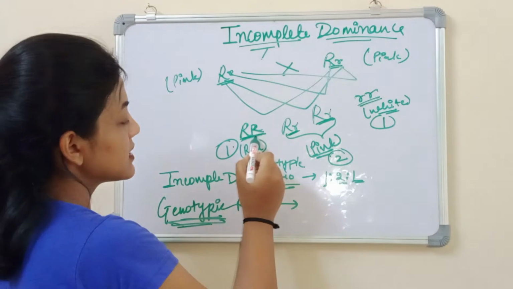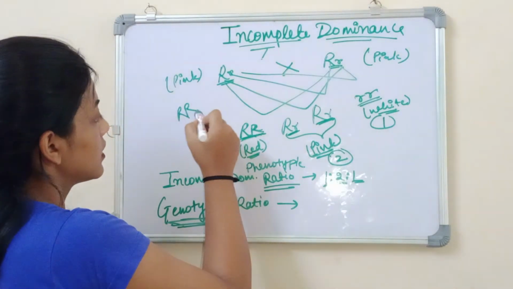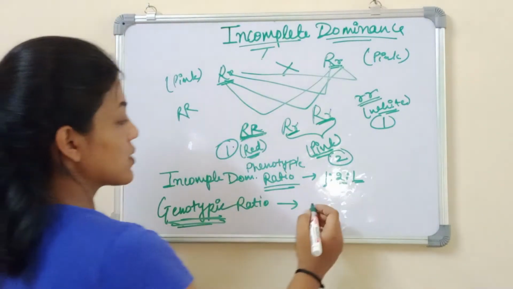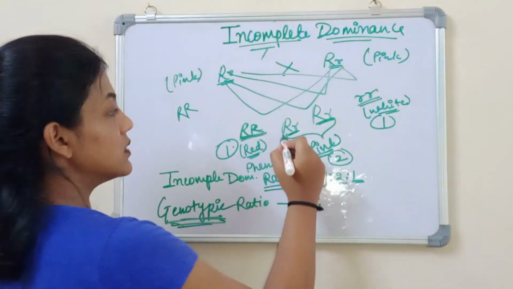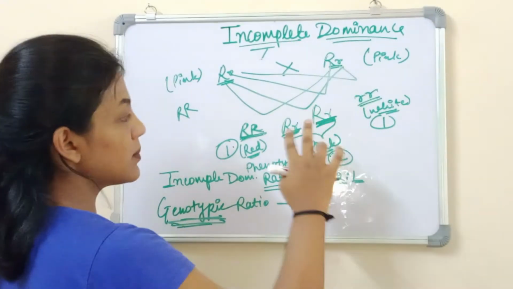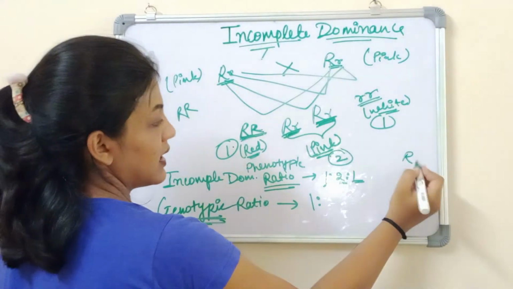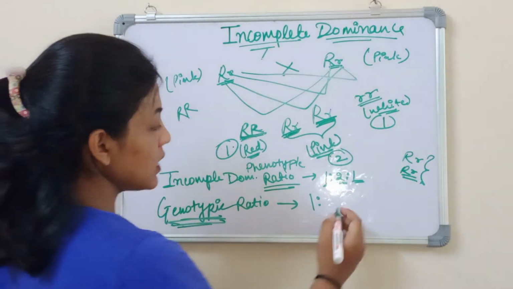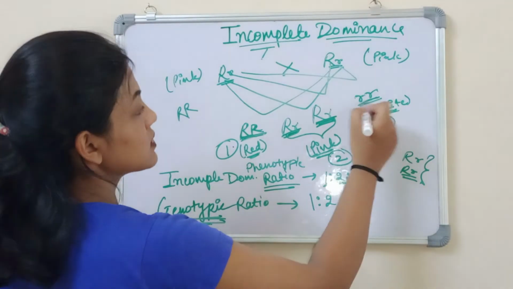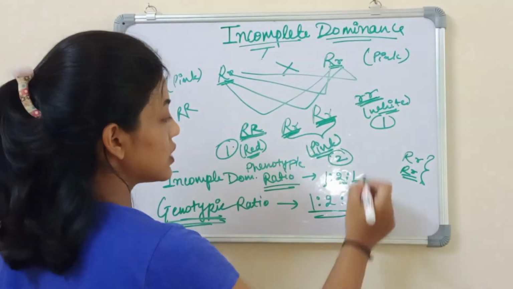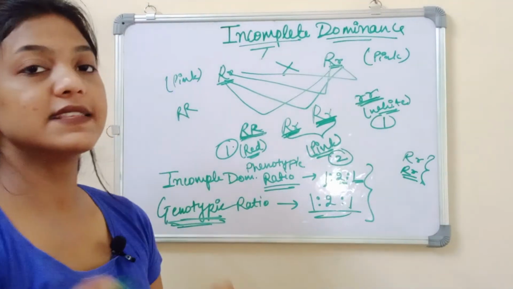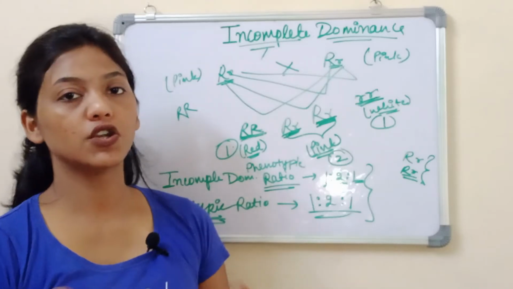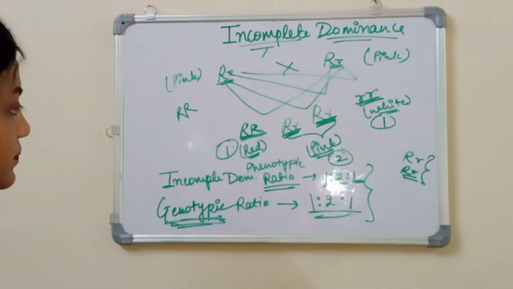In this case, RR is only 1 in number, so we can write 1. Now the heterozygous Rr and Rr are the same, so they are 2 in number. Now rr is also 1 in number, so 1. So the genotypic and phenotypic ratios are the same in incomplete dominance.